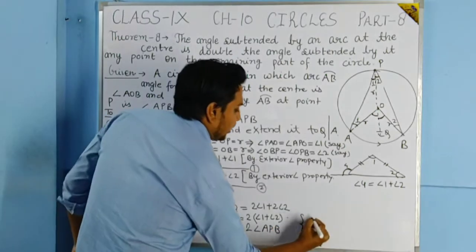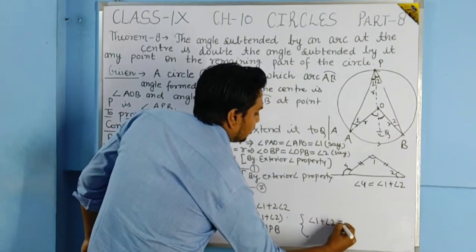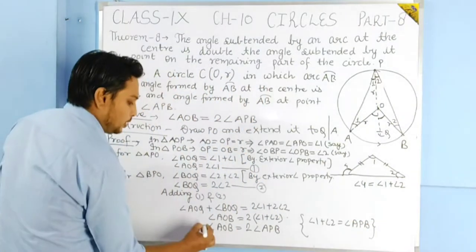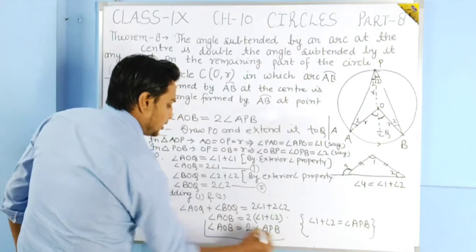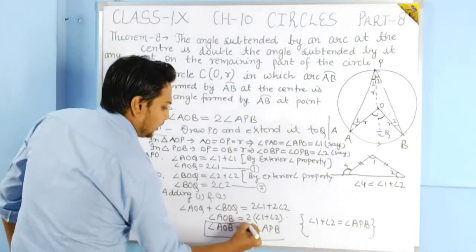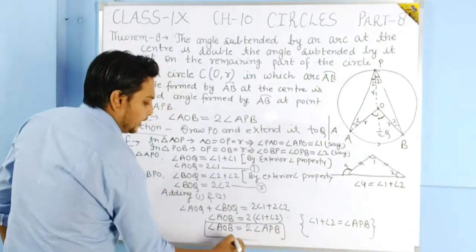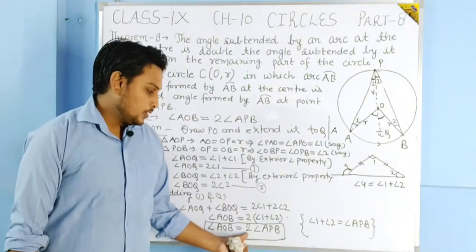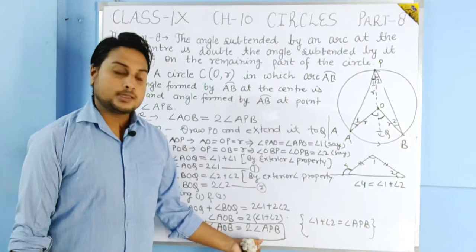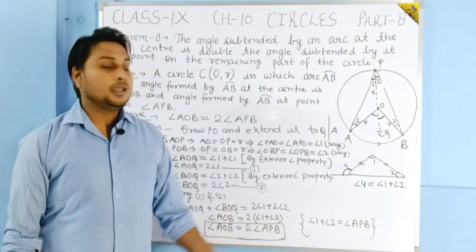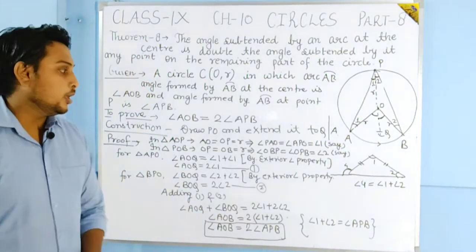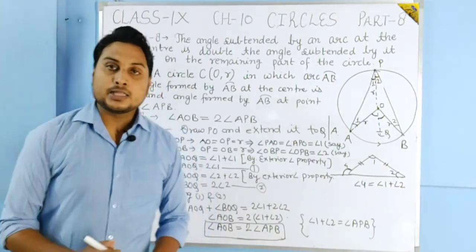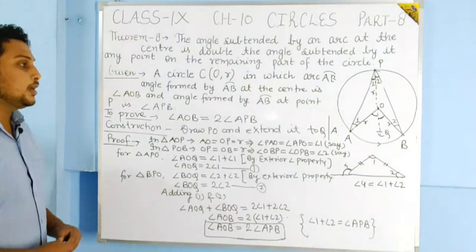Students, so this proves that the angle formed by any arc at the center is double the angle formed by the same arc at the remaining part of the circle. So this is the proof of this theorem.